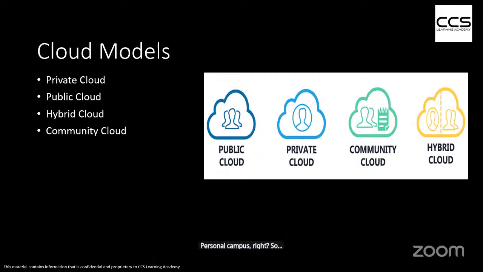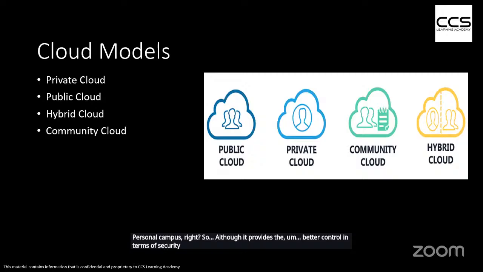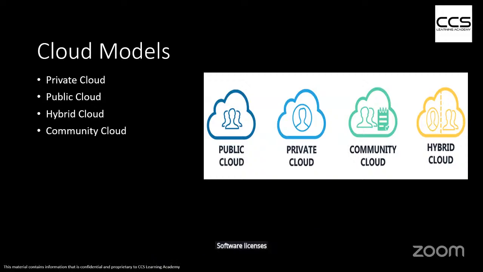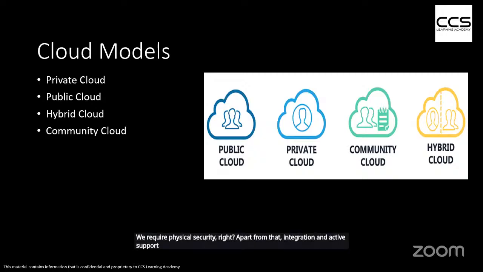Although it provides better control in terms of security, on-premise software requires in-house server hardware, software licenses, a web server, a database server, an operating system, and physical security, right? Apart from that, it needs integration and active support from the IT wing of the organization.